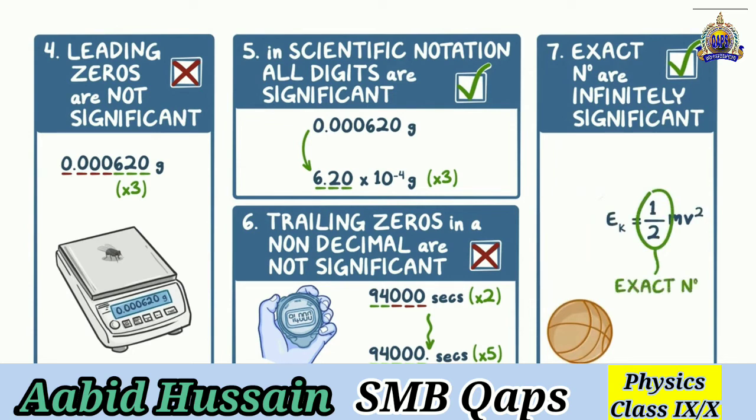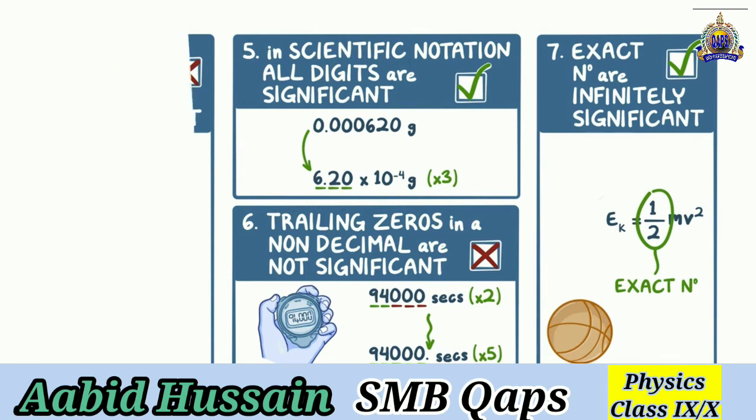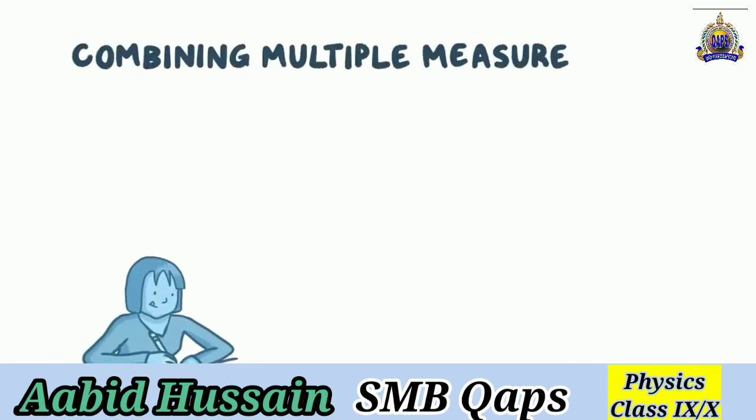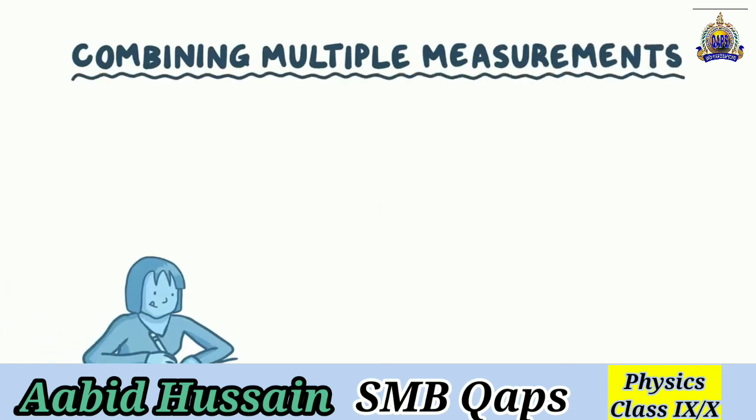So we can say simply that this is a significant figure, because it has an exact value in front of us. So these were the 7 rules about significant figures, and I hope you understand these rules and the significant figures.